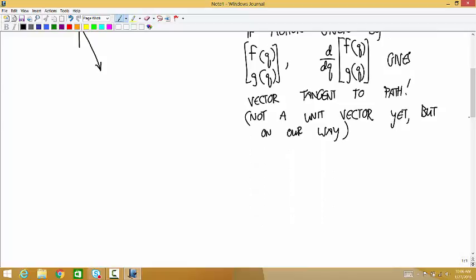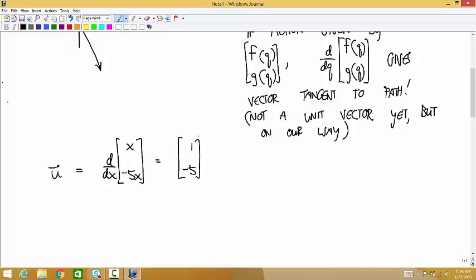So I'm going to define this non-unit vector, but a vector in the right direction is going to be d/dx of x, negative 5x. And that gives you 1, negative 5.